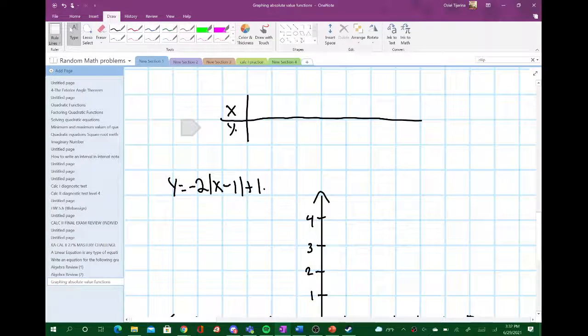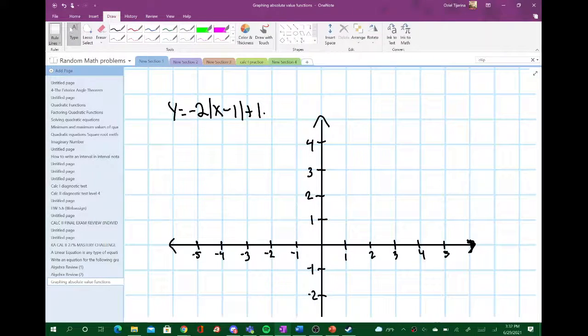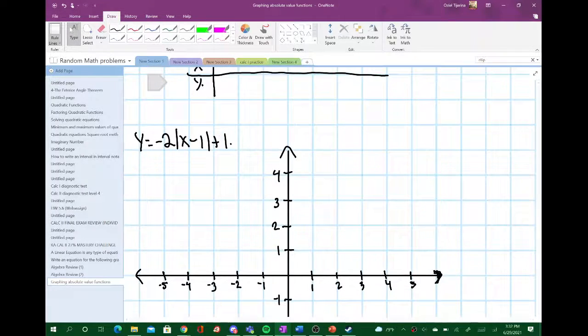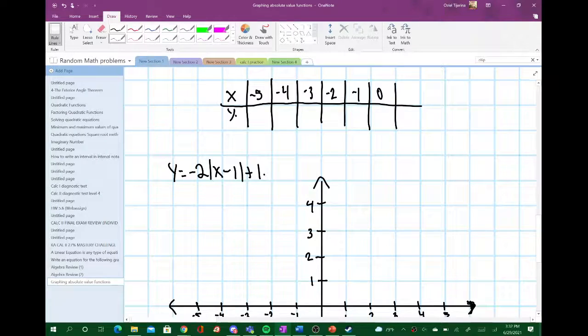We're going to first graph this using an XY table. Now, let's say that because we have all the way down to -5, we can do -5, and then -4, -3, -2, -1, 0, and then 1, 2, 3, 4, and 5, okay?